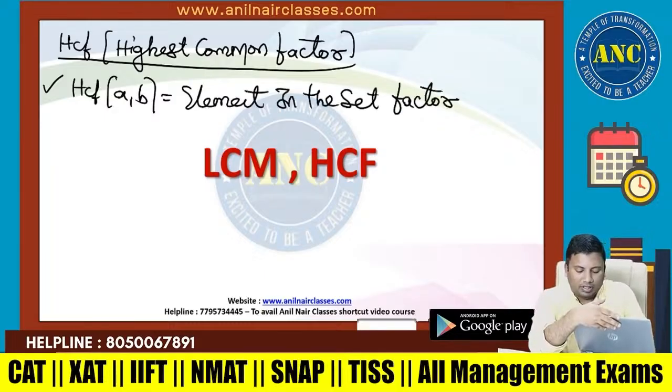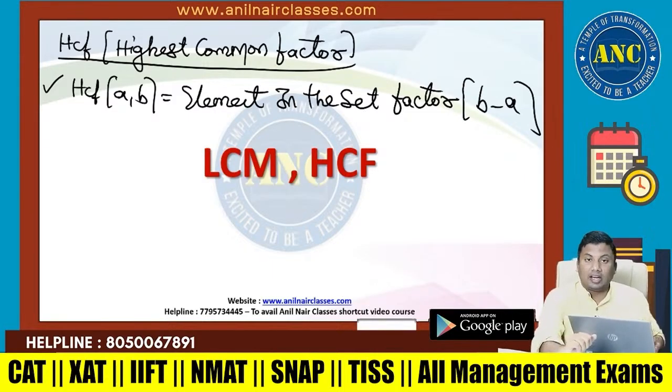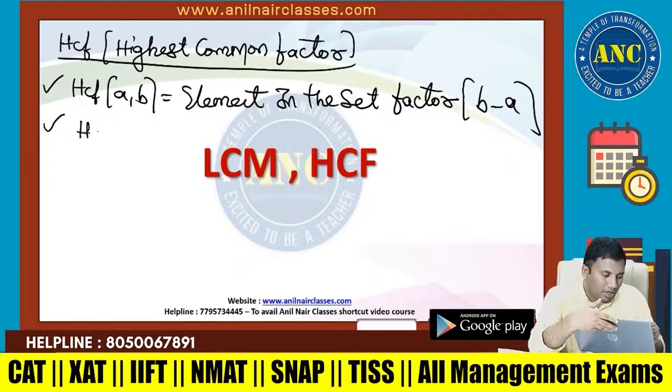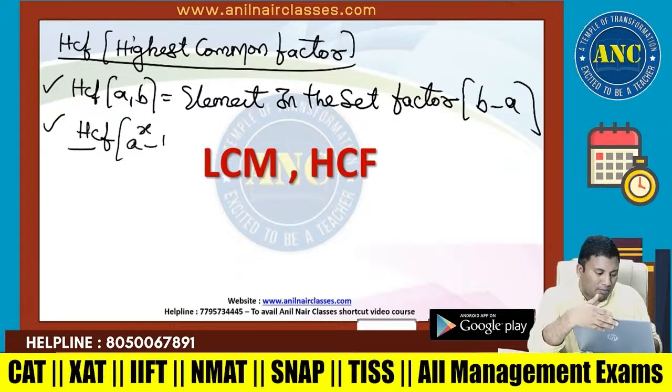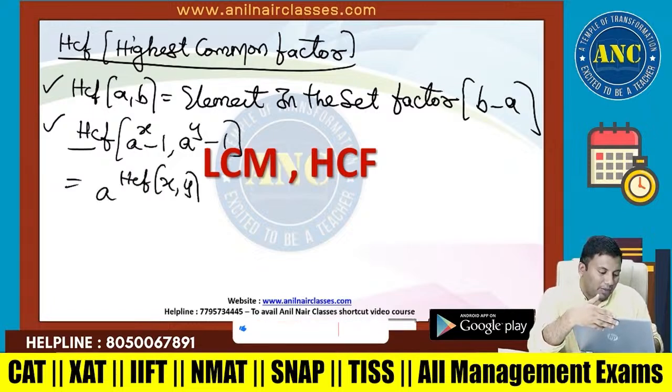First concept, HCF of A comma B is an element in the set, factor of B minus A. Second concept, highest common factor of A power x minus 1, A power y minus 1 is A power HCF of x comma y minus 1.